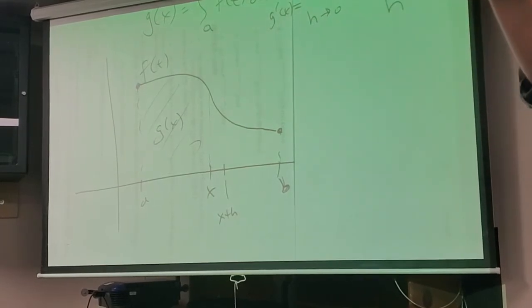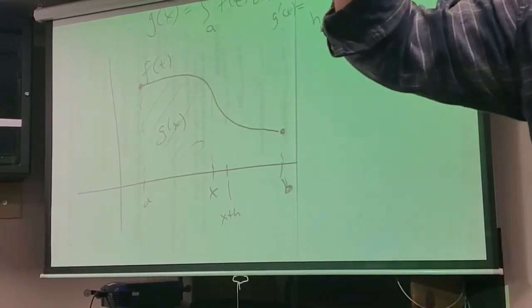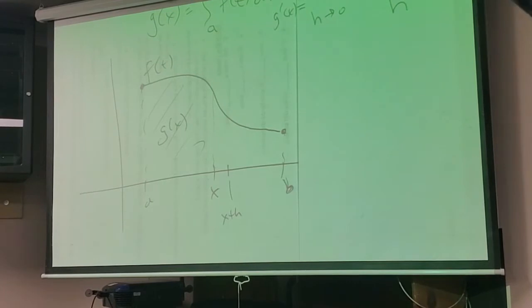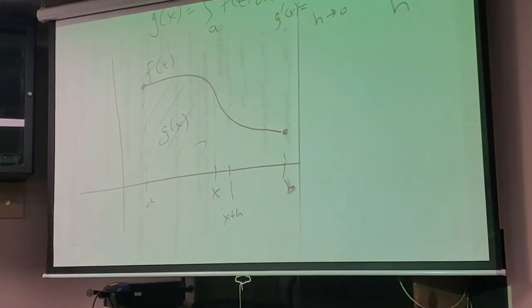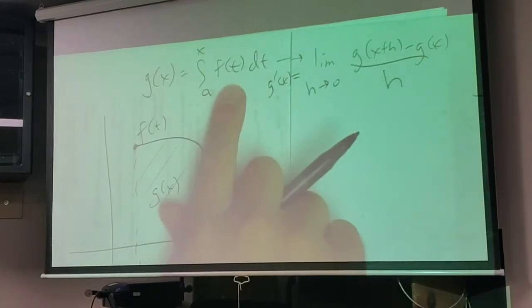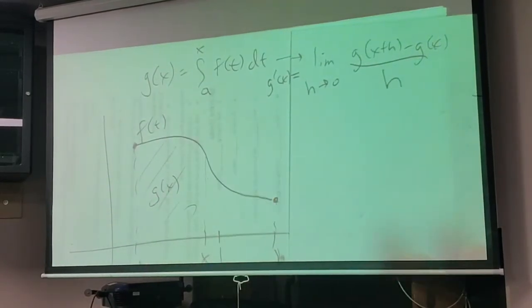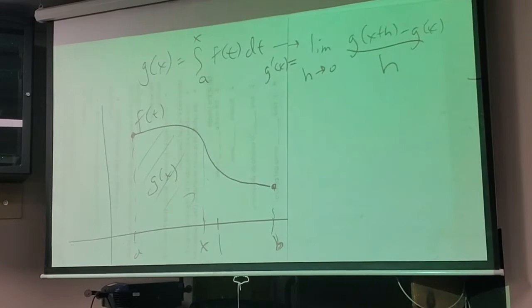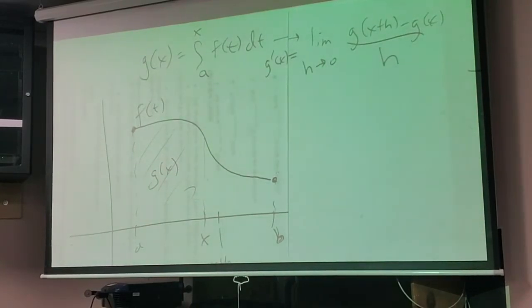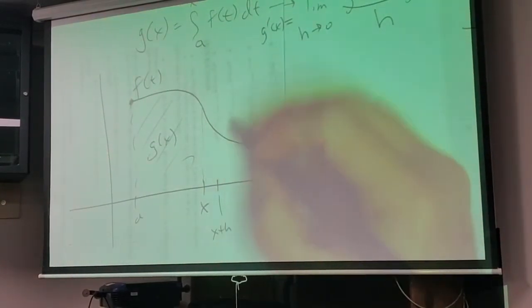Ooh, I love that question. Area, right? The output of this function is the area. So when I say how much will the g function change from x to x plus h, I'm asking how much the area will change.